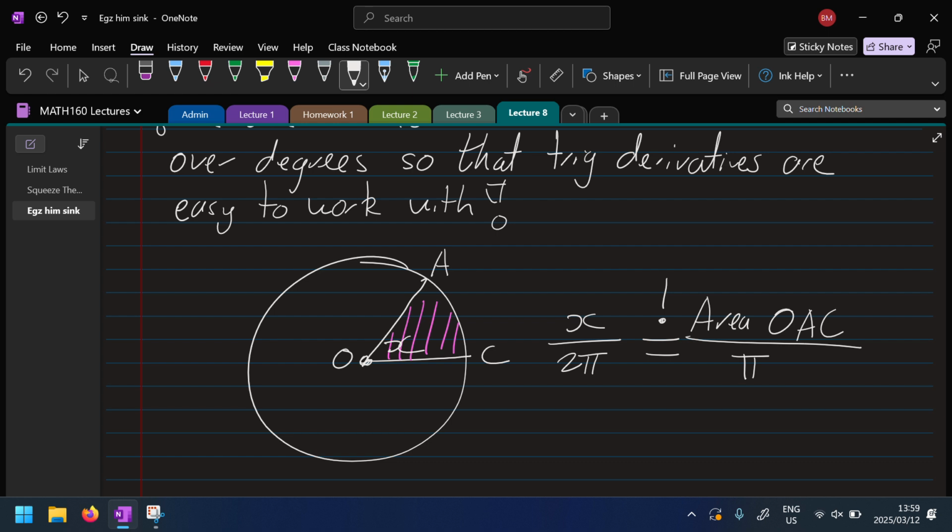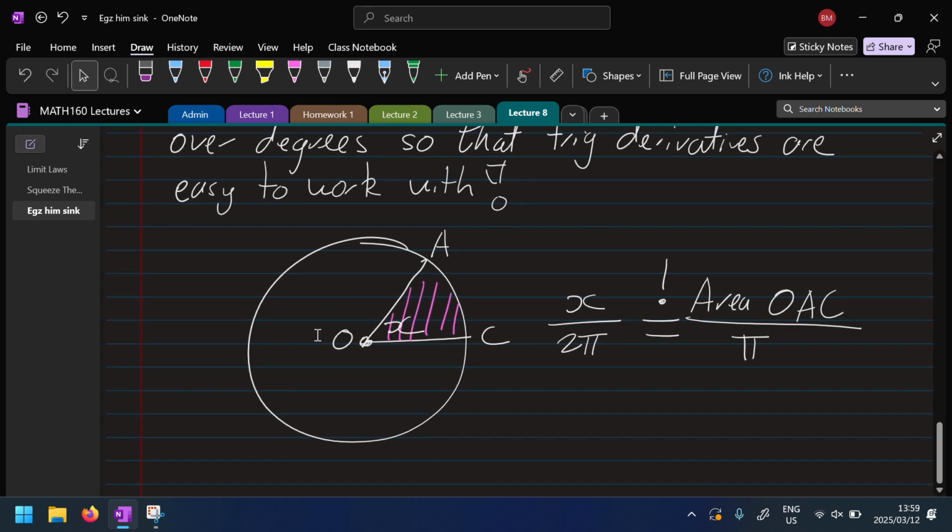Make sense? Okay. So what we're doing is we're looking at the ratios. We've got this angle x, in radians. Remember, we're working in terms of the perimeter. That's how radians work. So x is this bit, or you can think of it as AC, that little section.